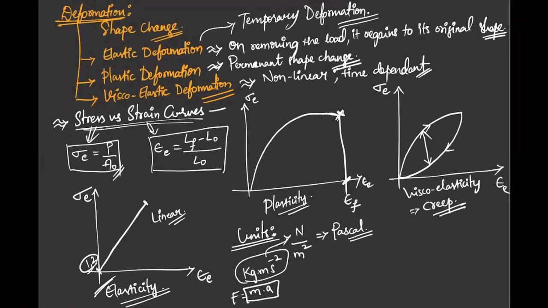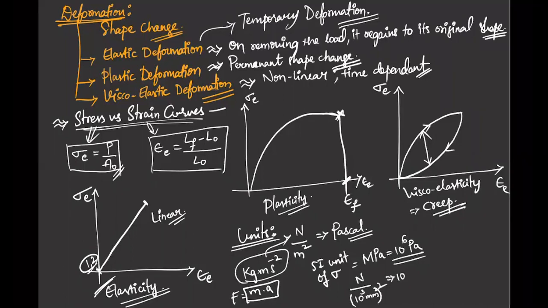So Newton per meter square is my Pascal, but the SI unit of stress is MPa, megapascal, which can be written as 10 power 6 pascals. Or you can write it another way by converting meter into mm, that is 10 cube mm, mm whole square.